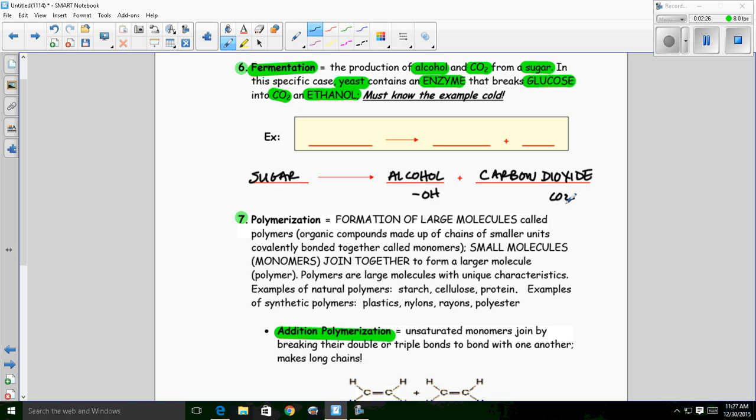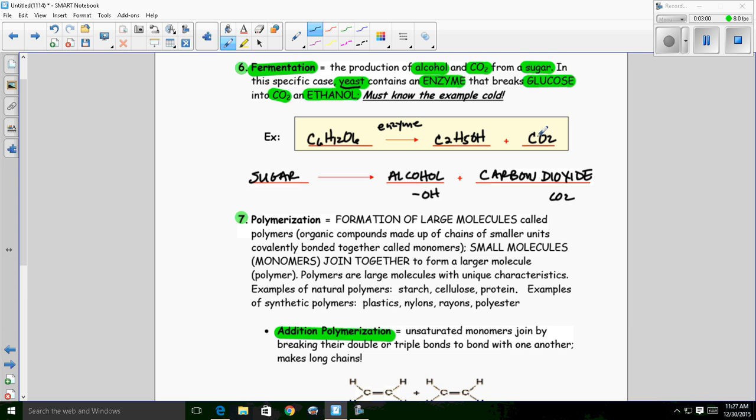So an example might be a sugar molecule all by itself, C6H12O6. We have an enzyme that's involved as a catalyst. Like we said, that would have been some sort of yeast product. And what's going to be produced is C2H5OH. There's our alcohol portion, and also naturally carbon dioxide.